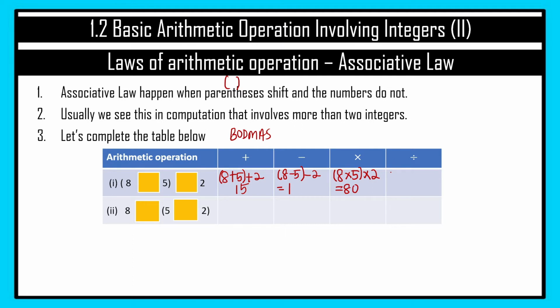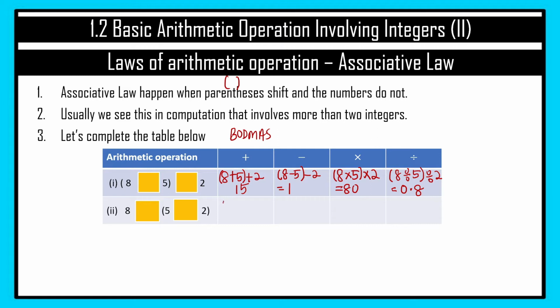Okay, the last one is 8 divide with 5, divide again with 2. So 8 divide with 5, divide with 2. So your final will be 0.8. Now we move to the second one.